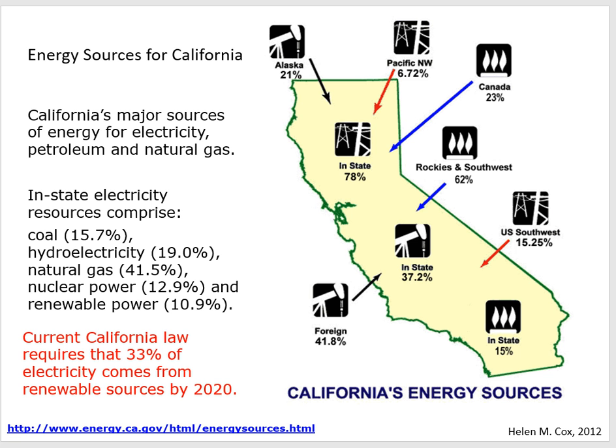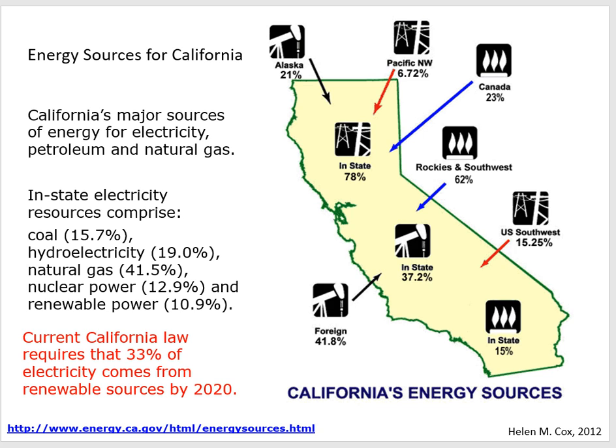This looks at energy sources in California in 2012, and the take-home message of this slide is that California has been getting a lot of its energy from the same sources that the United States traditionally does, which is, again, coal, petroleum, natural gas, and so on.